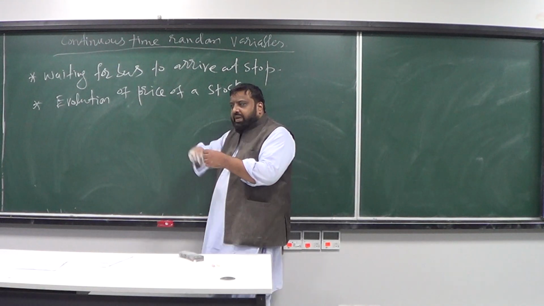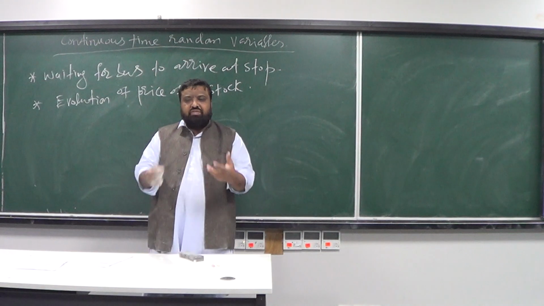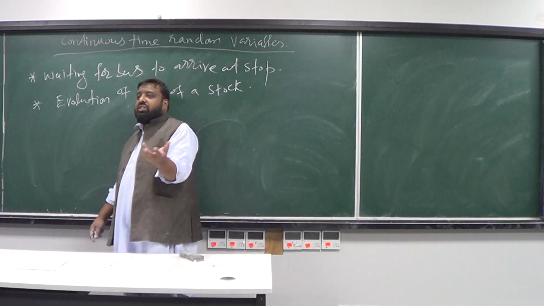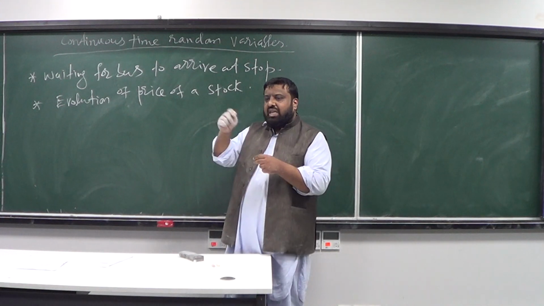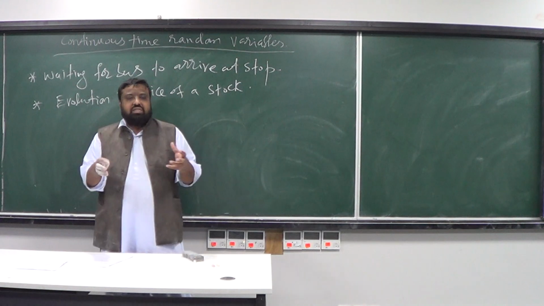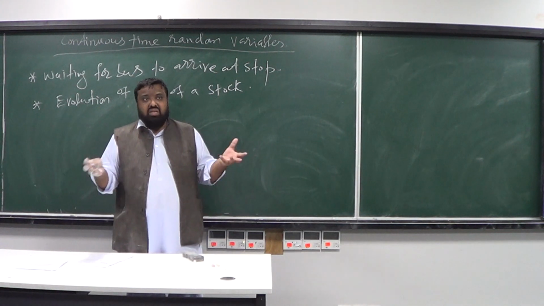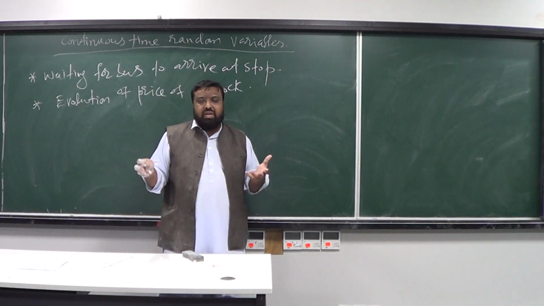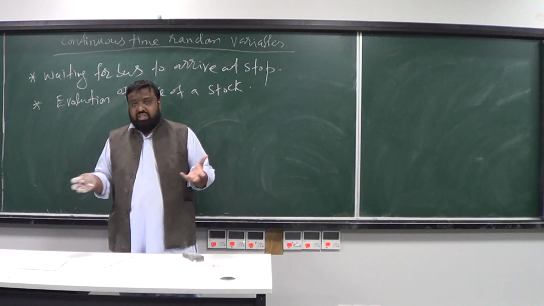It moves up and down instantaneously. Okay, it's a random quantity. So the price of a particular stock, say Google's stock, is a random quantity. Okay, so it goes up or goes down. This going up and going down depends basically on the demand and supply of the stock actually.